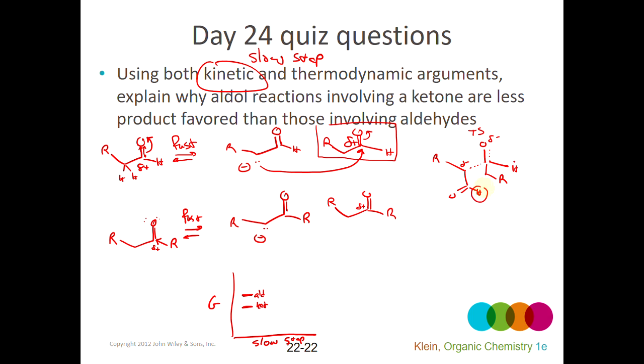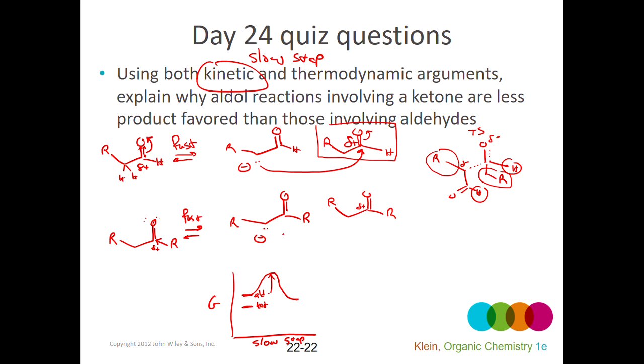So with these hydrogens around not taking up much space, I mean, it's still clearly some sterics here with these R groups creating some steric repulsion, but it's not going to be too bad because the hydrogens don't take up much space and create much steric repulsion. So the transition state doesn't look too bad. It looks relatively stable. So that'll be the slow step, but it'll have a relatively small activation energy. So kinetically it will happen pretty often when the aldehydes are involved.